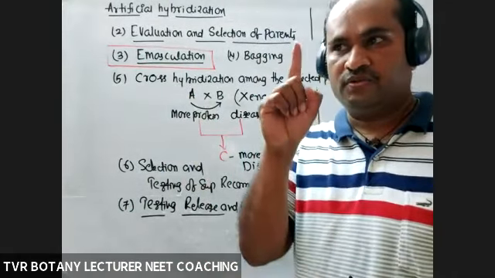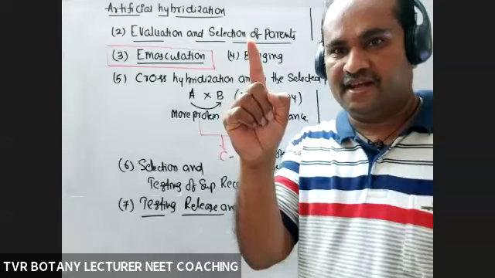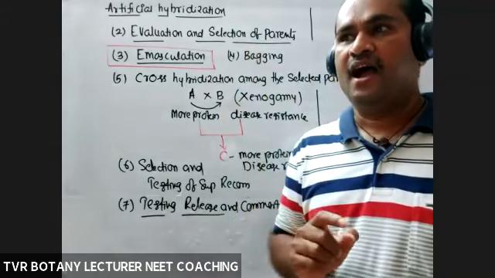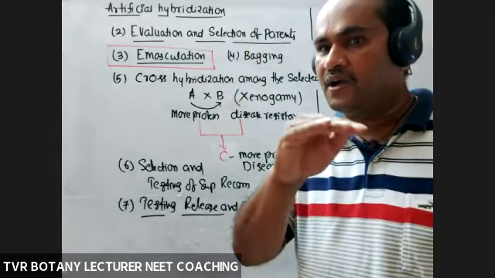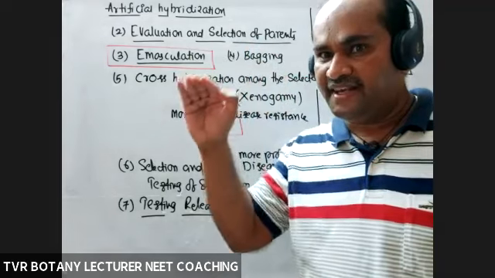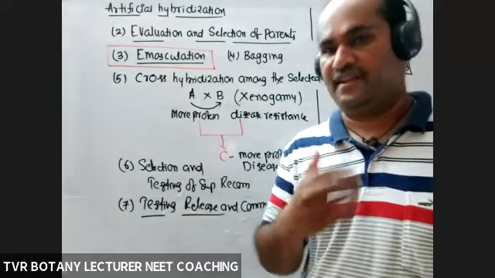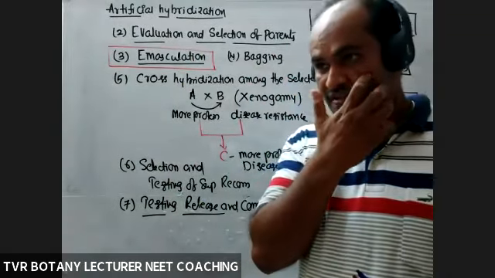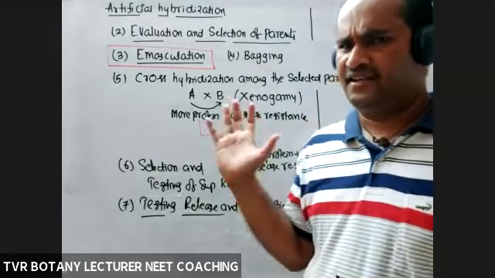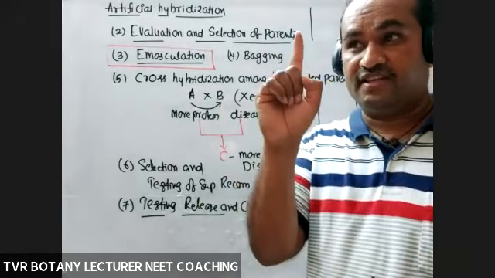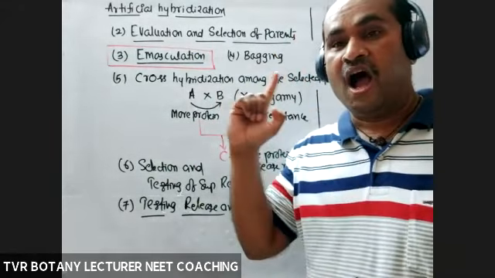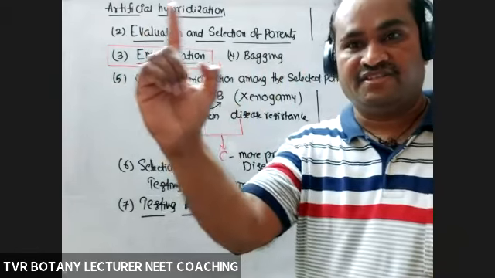And we have to test growth and development of that variety in all agroclimatic regions present in that country. For example, India. Definitely a maximum number of states are cultivating cotton. So we have to check that variety in all agroclimatic regions.